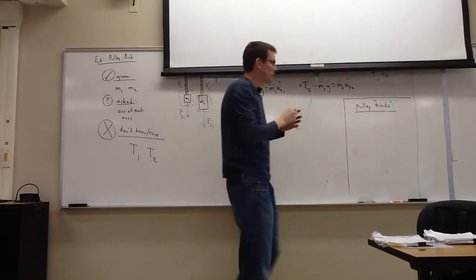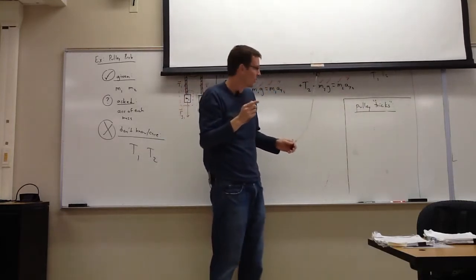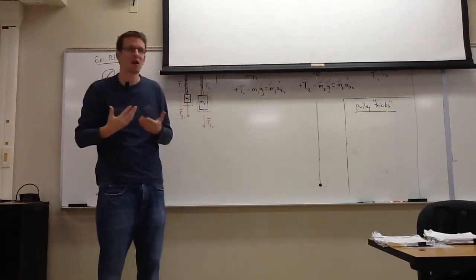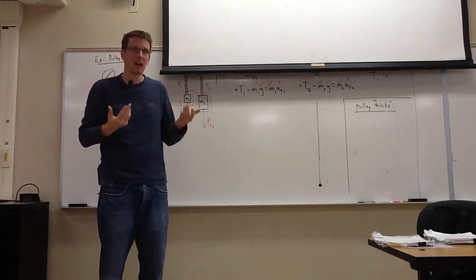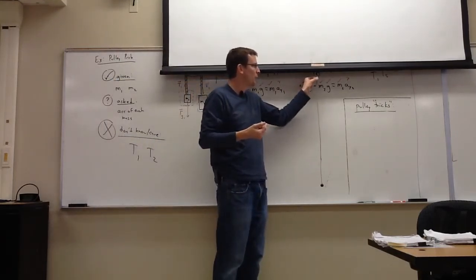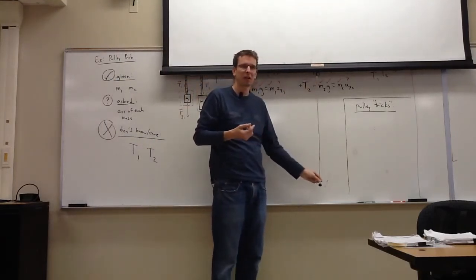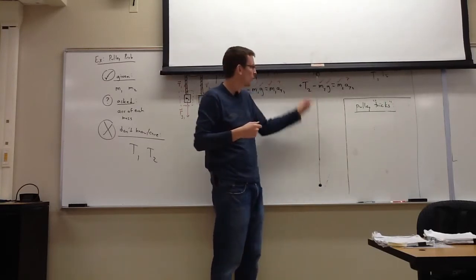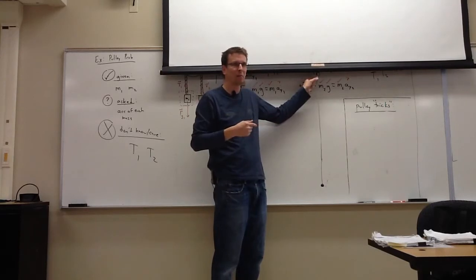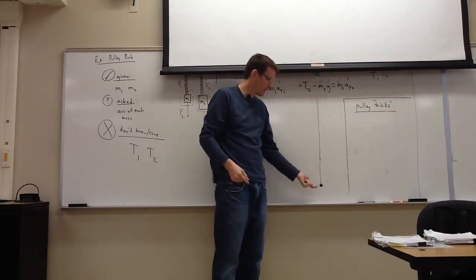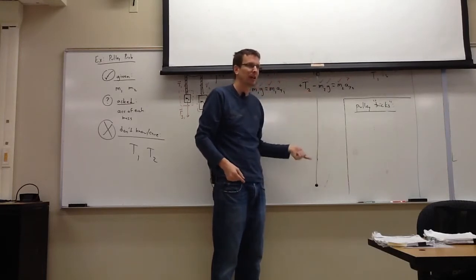Now, I should mention there's one exception: if it's hanging vertically like this, of course it's not pinched off in any way, it still has different amounts of tension in it. The reason why is it tighter up at the top versus down at the bottom? Can anyone tell me? Yeah. Exactly. So this part of the rope has to hold up the weight of everything below it, which includes not only this thingy on the bottom, but the entire rope below it, right?